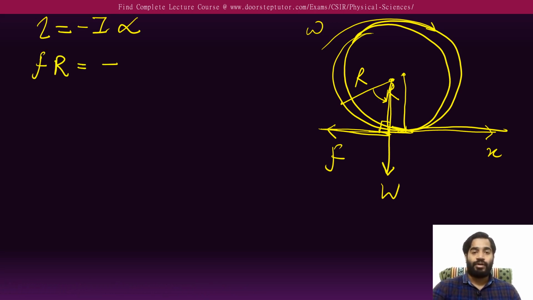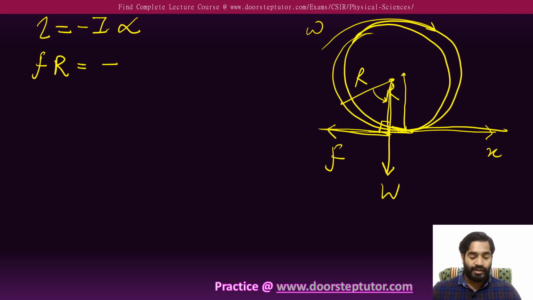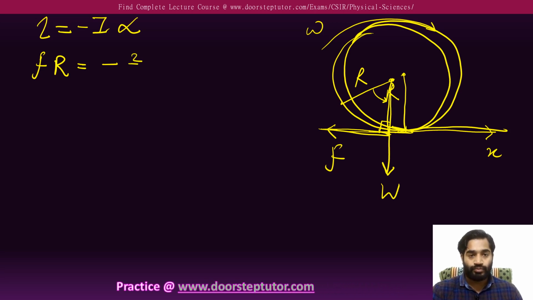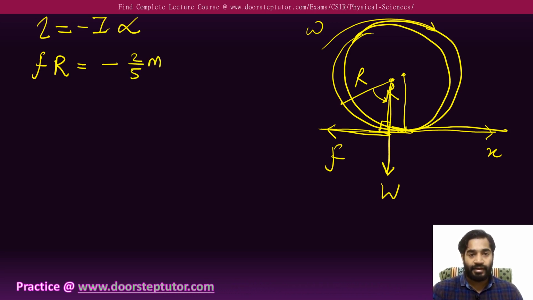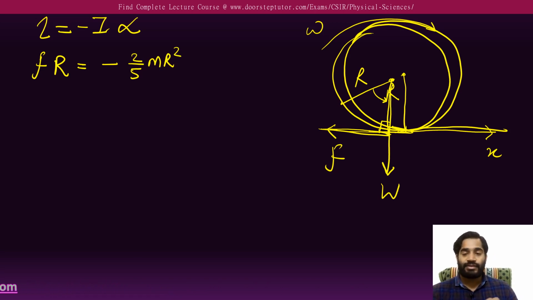And now what is the moment of inertia? We have already solved the moment of inertia for a solid sphere. The solid sphere moment of inertia is 2/5 m r squared. No need to solve it here; just remember the formulas of moment of inertia that I already told you.